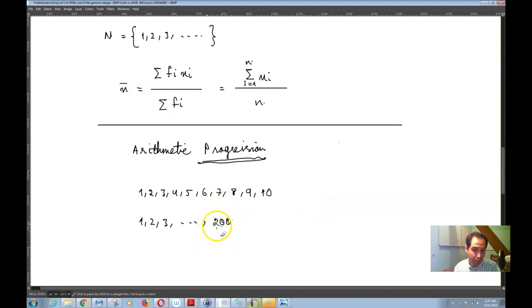So back then there were no such formulas in mathematics, like the sum of the first n natural numbers, and so on and so forth. And there were of course no calculators and no such things.